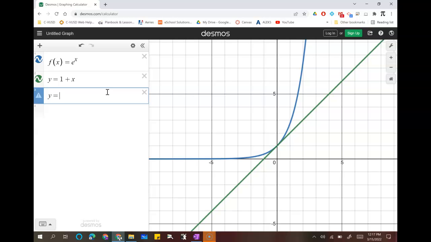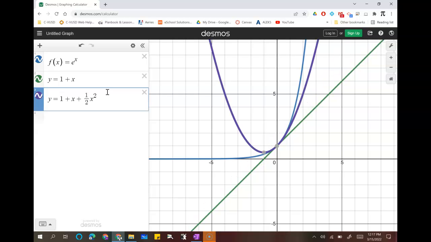That was y equals 1 plus x plus 1/2 x squared. Does that start getting a little bit better approximation the further away that we get? Yeah, it starts hugging it more.